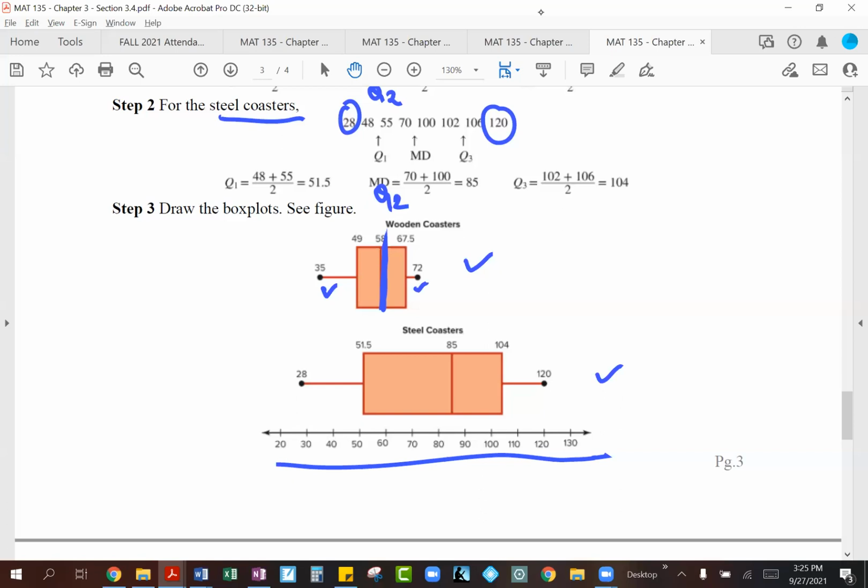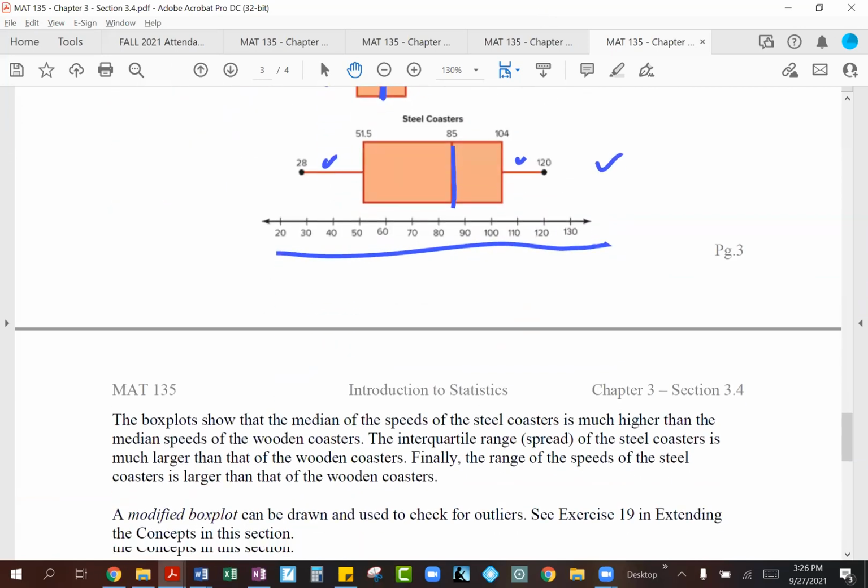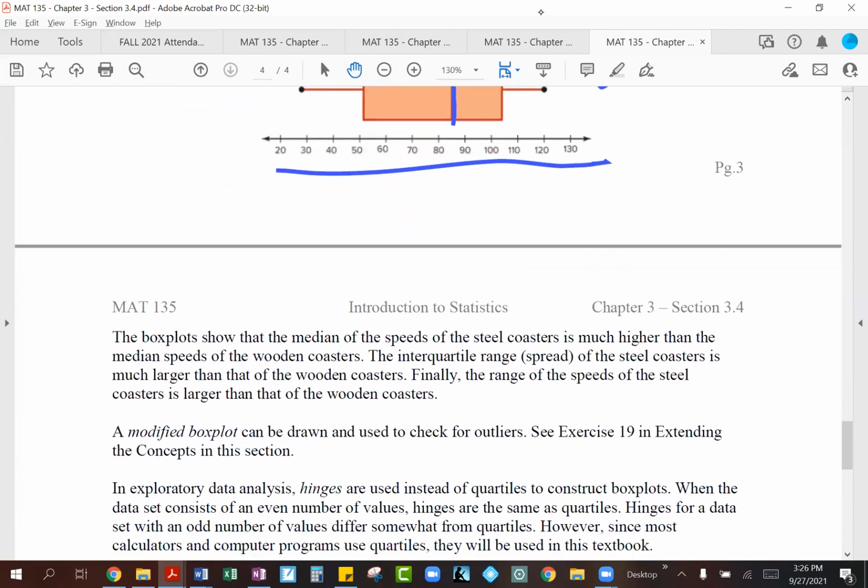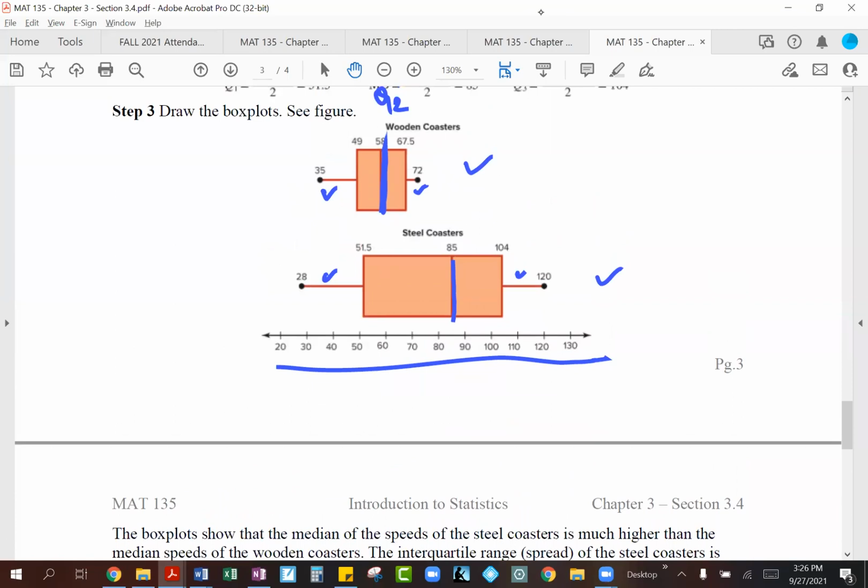But then when you look at the steel roller coasters, of course, our median is a little bit more towards the right-hand side of the center of our box. And then you will also see the left-hand line is a little bit longer than the right-hand one. So this one is definitely more negatively skewed, if you talk about the shape of the steel roller coaster. So you can see a little bit of that from here.